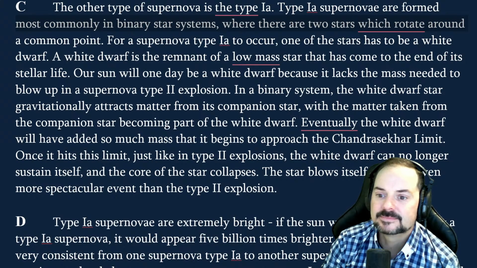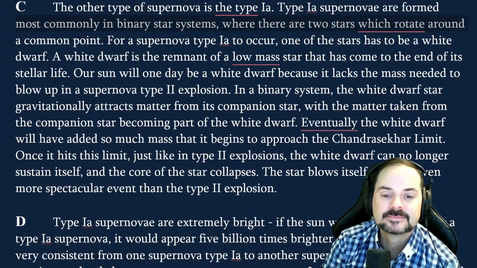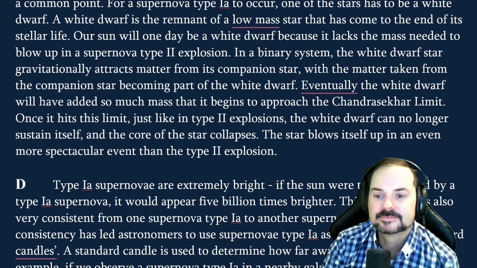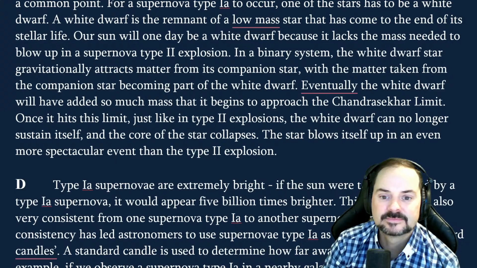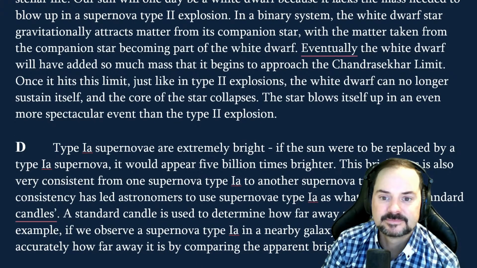Because it lacks the mass needed to blow up in a supernova type 2 explosion. In the binary system, the white dwarf star gravitationally attracts matter from its companion star, with the matter taken from the companion star becoming part of the white dwarf.